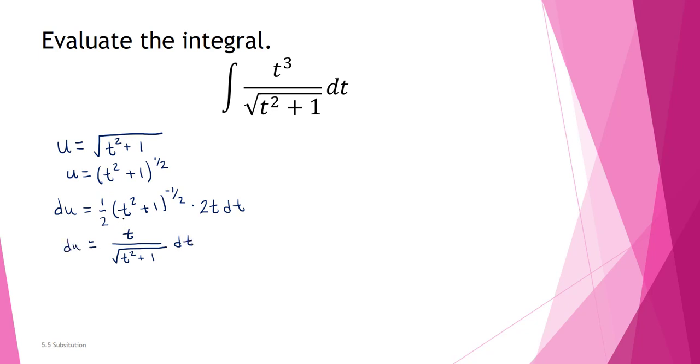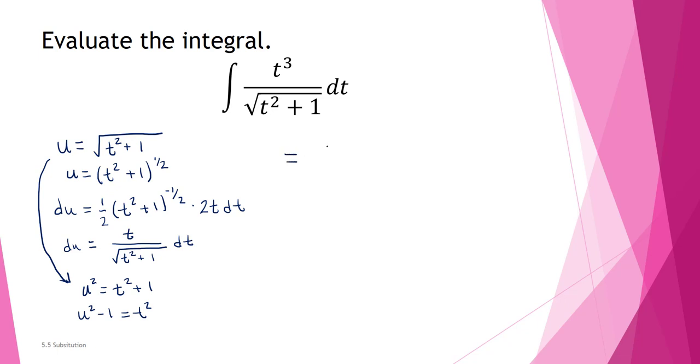I will still need to replace a t squared, just like on the other version of this problem. So squaring both sides, we figure out u squared is t squared plus 1. So u squared minus 1 can replace t squared.